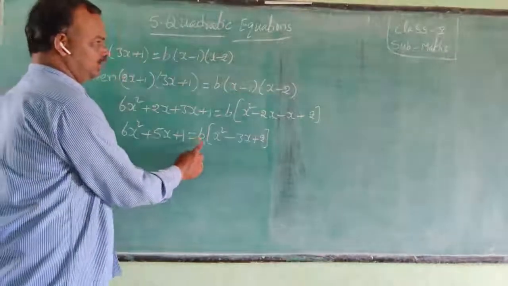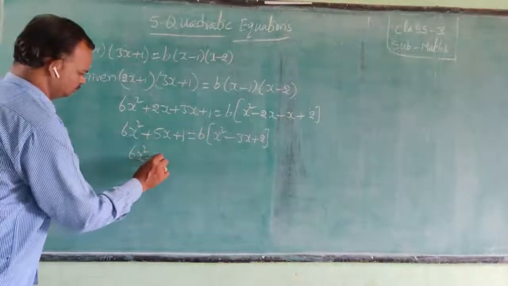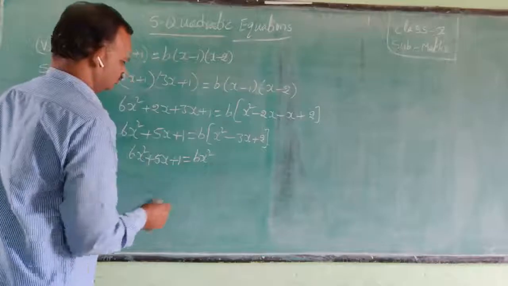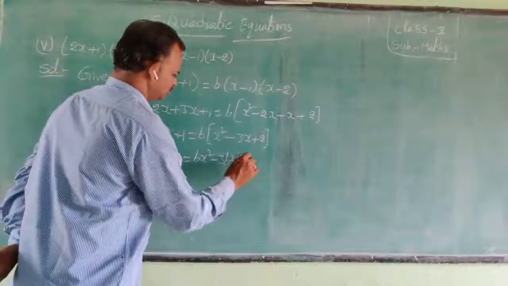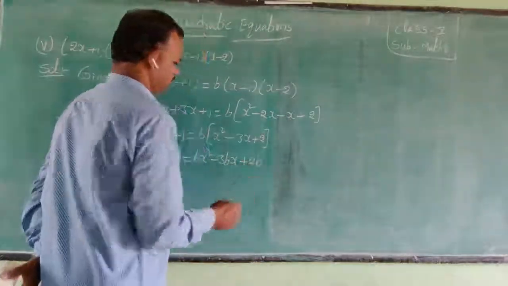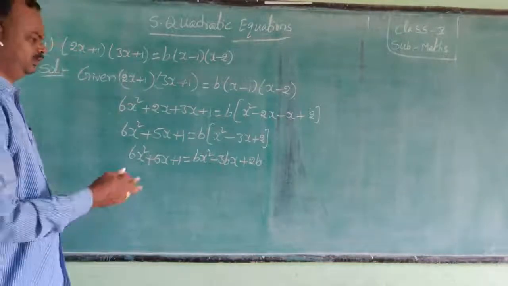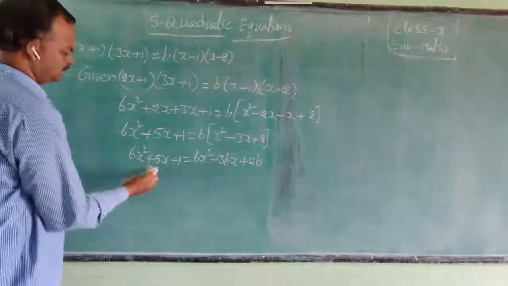Next we are multiplying with b. b into x square, minus 3b into x, plus 2b. Next we are transposing these values to this side.